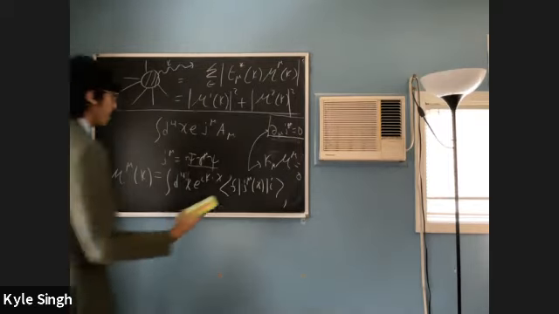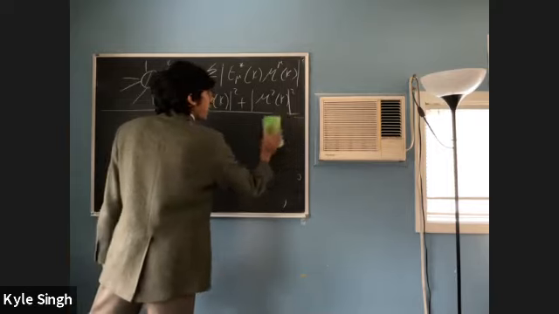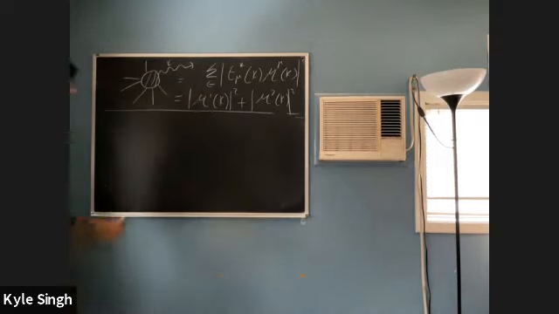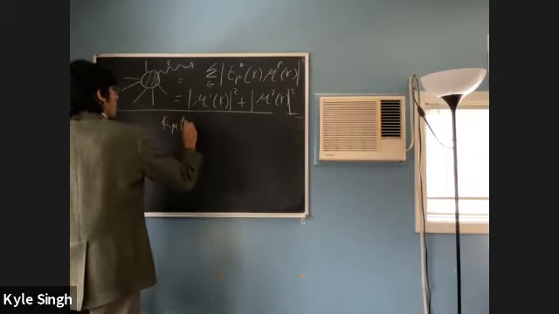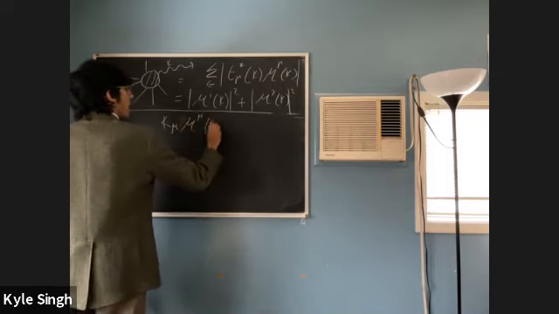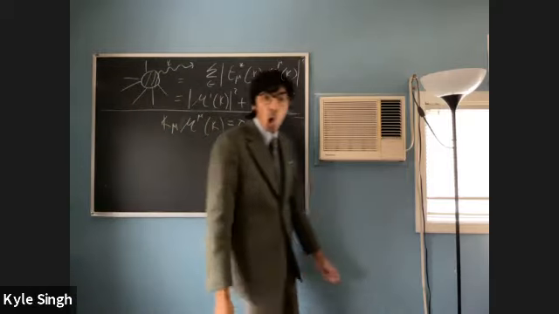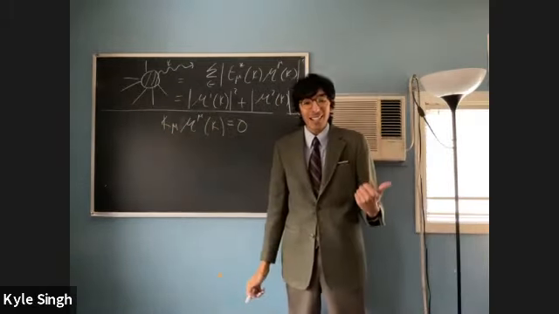Let's talk about what that means. It's the direct analog of current conservation for scattering amplitudes, except we want it to be for all amplitudes. So we have K mu M mu of K equals 0. And we want this for all scattering amplitudes, and we want this for all momenta in the scattering amplitudes.